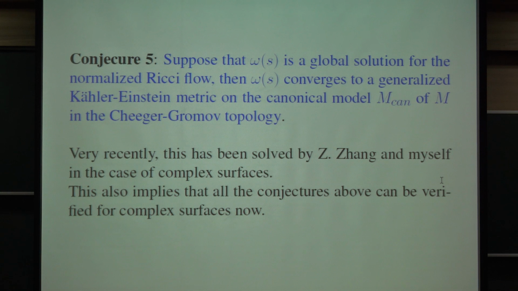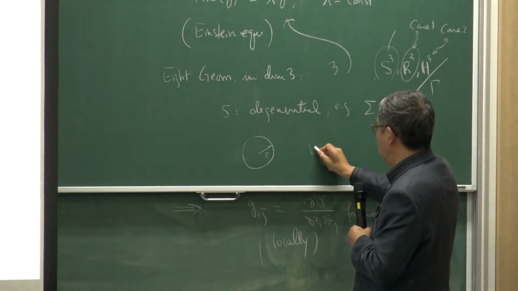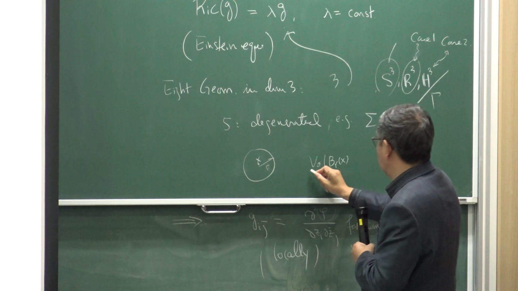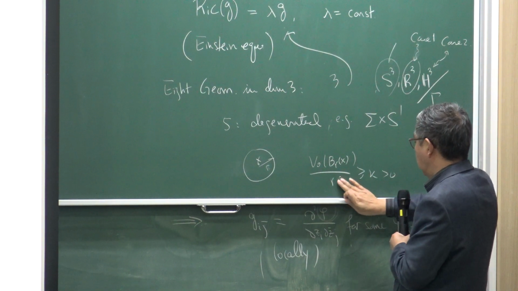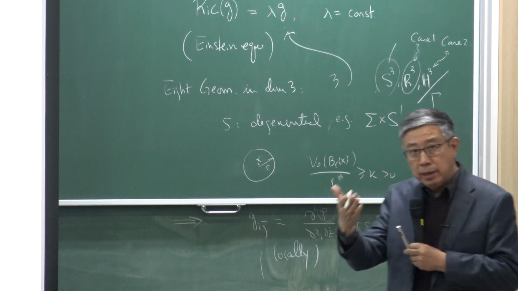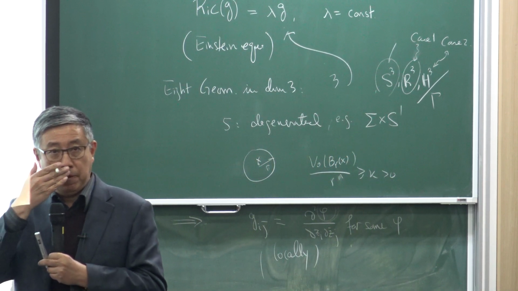Basically what he said is, if you look at the geodesic ball along the Ricci flow, say of radius 1, and suppose curvature is bounded, then the volume of this ball, with center x in R^n, is bounded from below by some kappa. So this is non-collapsing.